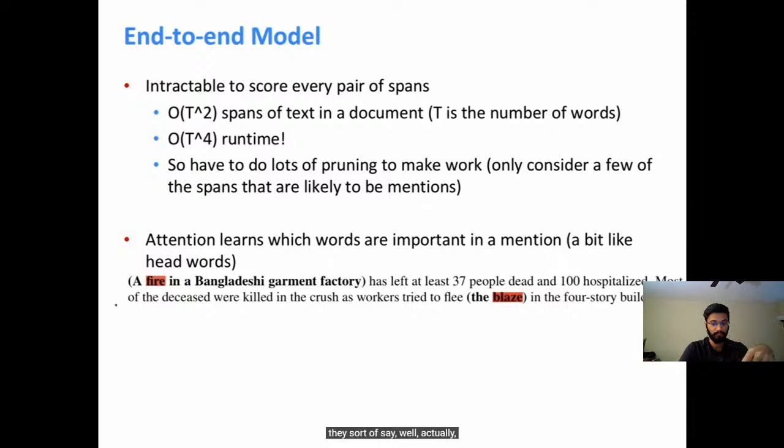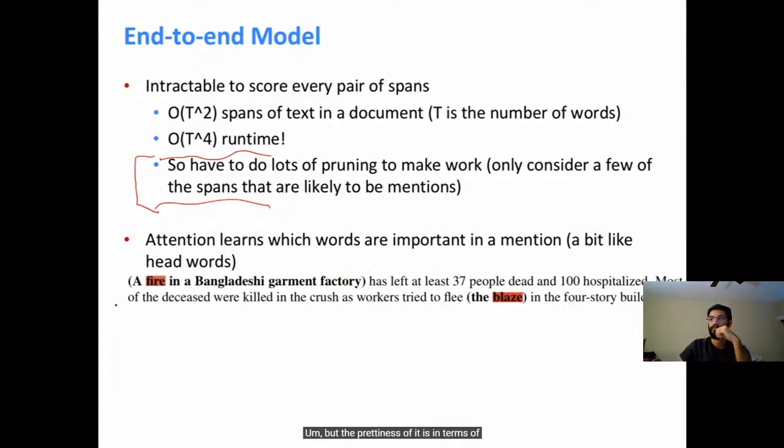So at this point, they say, well, actually, we do want to use our models a little, and we want to work out how likely different things are to be mentions. So effectively, they're putting in a lot of pruning to decide which spans are actually things that they want to consider in their model. And at this point, it is in some sense a little bit of a cheat, right? Because really, this pruning step is, okay, we're going to stick in a mention detection module, just like a conventional system.